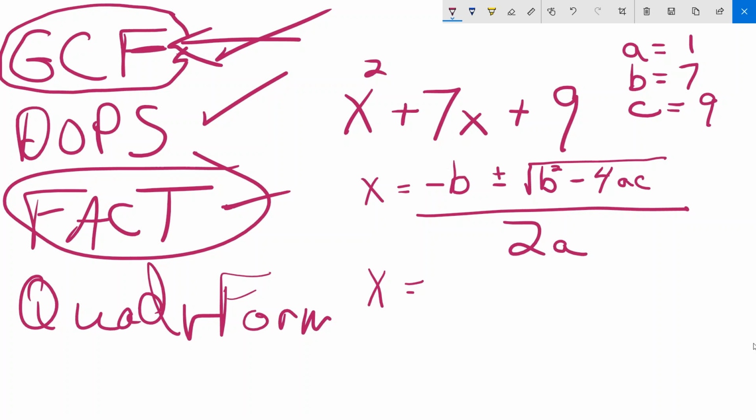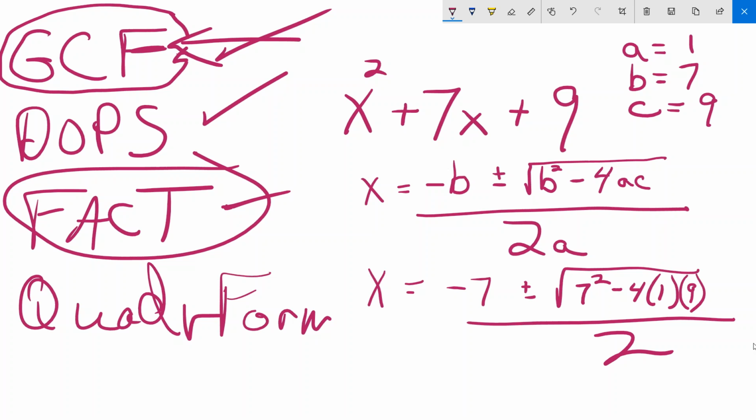Negative 7 plus or minus the square root of 7 squared minus 4 times 1 times 9, all over 2 times 1. Right?